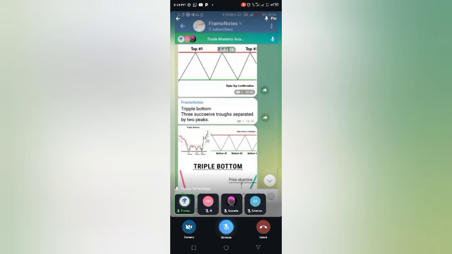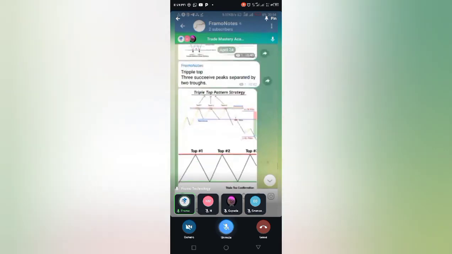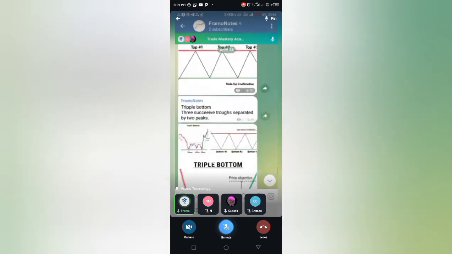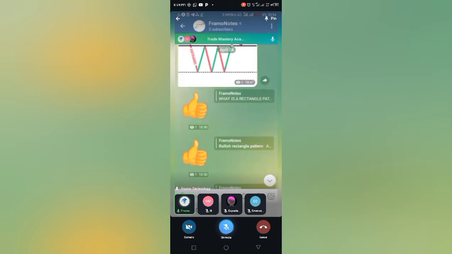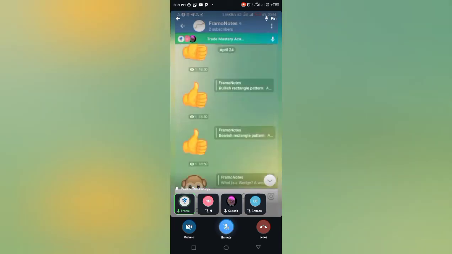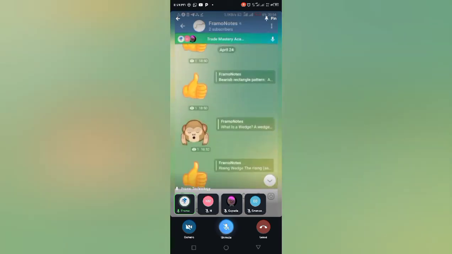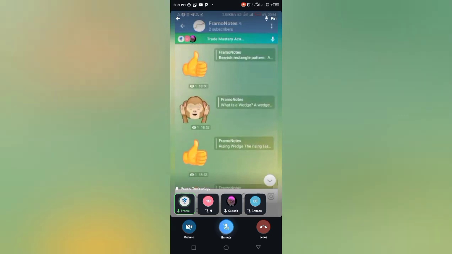Now that we are done with the triple, the double, whatever, let's go to what we call wedges.